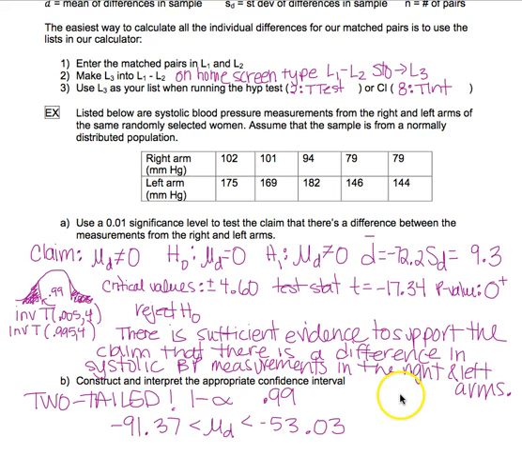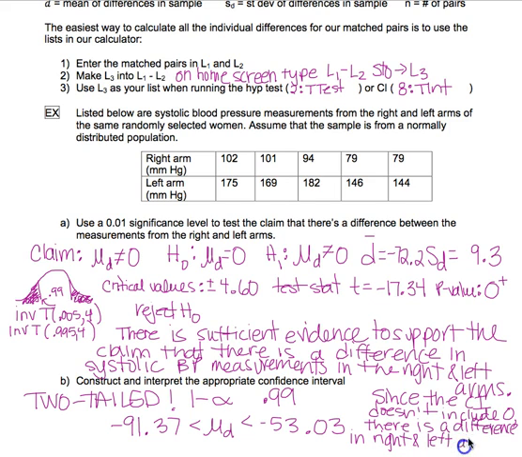Our interpretation would be, since the confidence interval doesn't include 0, there is a difference in right and left arm blood pressure, which there is a difference.